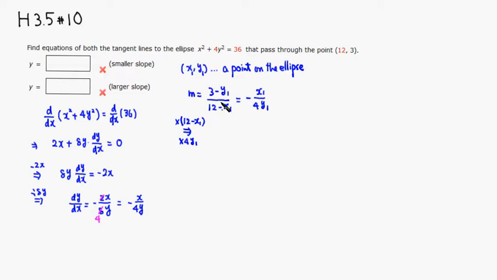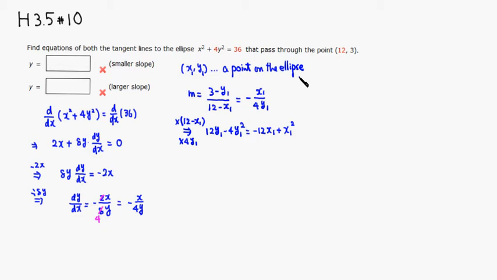So it's 3 times 4 is 12 y1, and a negative 4y1 squared, equal to negative 12 x1 plus x1 squared.